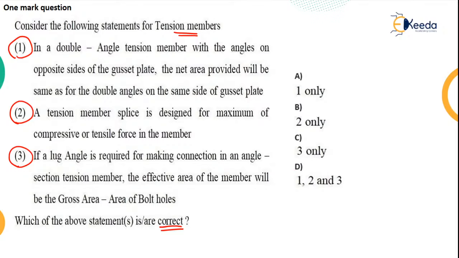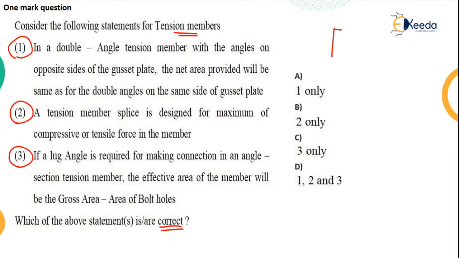First statement: in a double angle tension member with the angles on opposite sides of the gusset plate, the net area provided will be the same as for the double angle on the same side of the gusset plate.